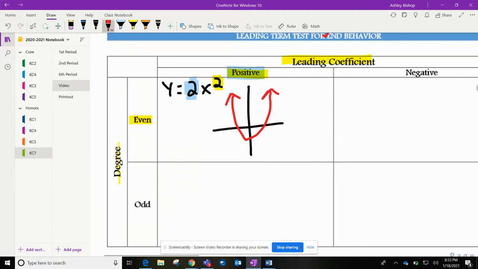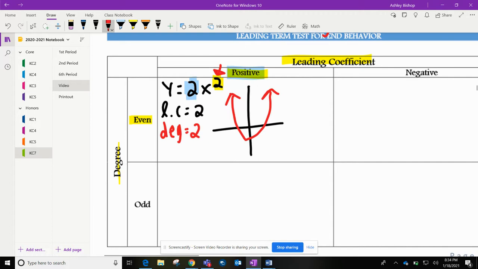All right. And so again, my leading coefficient in this example, my LC, is going to be 2, the number in front of the letter, and the degree is going to be 2 as well, which would be this 2 right here. Okay, and I'm going to have something like that.